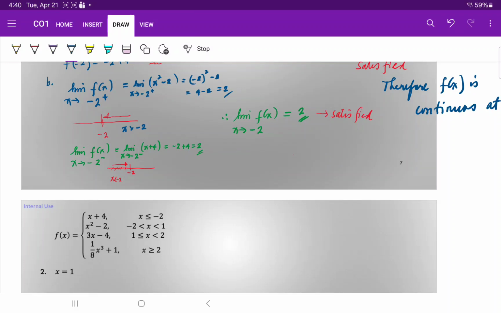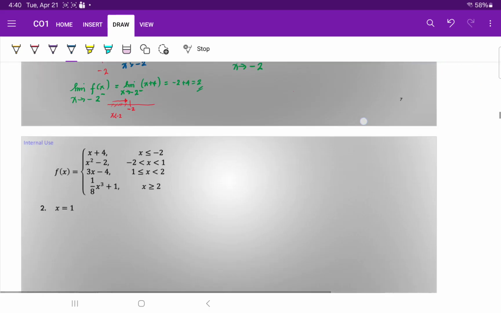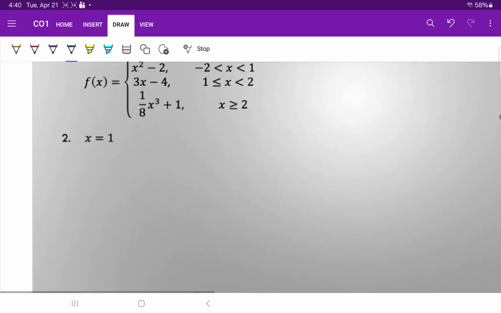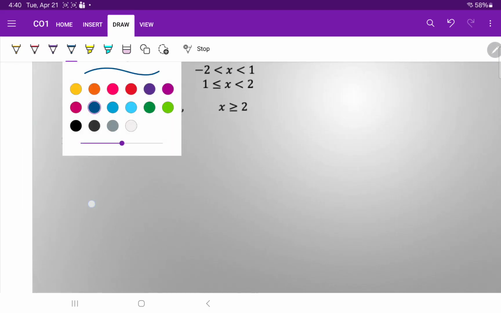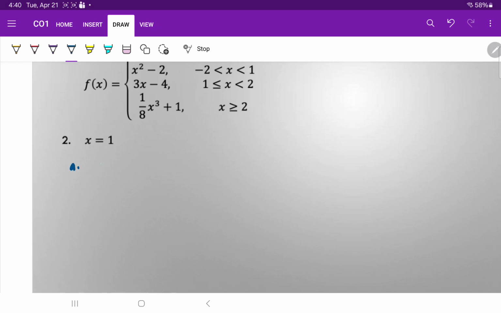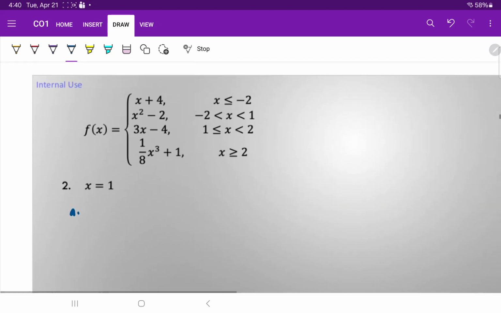Now we're also asked to check if it's continuous at x equals 1. So again, for letter A, we need to find which one? We find f of x. So decide first which one will you use as your f of x. It says here at x equals 1. So when is x equals 1?